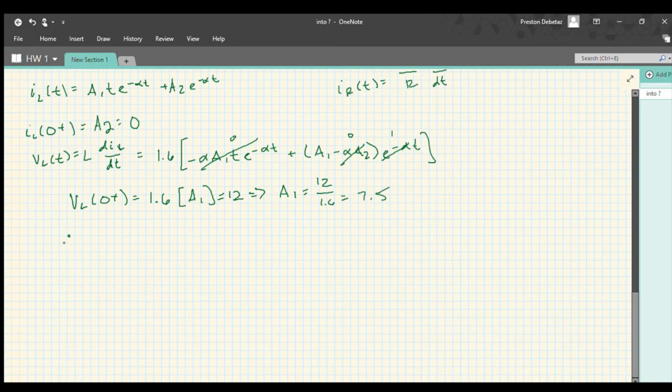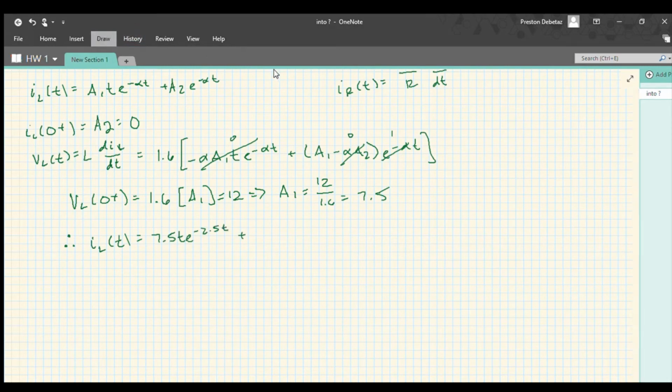So therefore, IL of t is 7.5 t e to the minus 2.5 t plus, that's it, because A2 is 0.